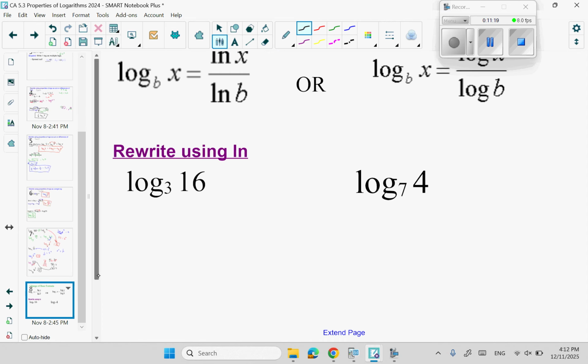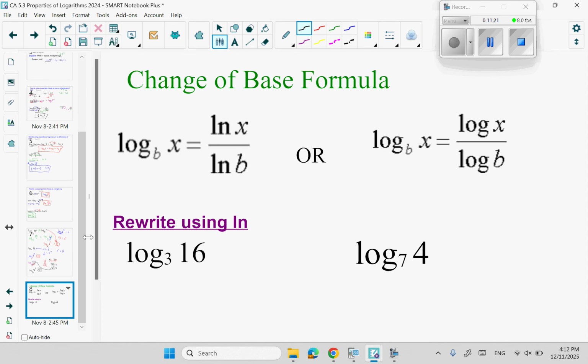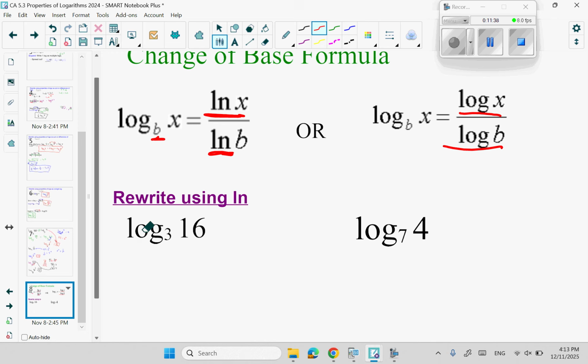And lastly, we have what's called the change of base formula. It's used often if you don't have a calculator that can change this number. You can just use either the natural log or the natural base for logarithms. So for here, instead of typing log base 3 of 16, you would get log of 16 over log of 3, or natural log of 16 over natural log of 3.